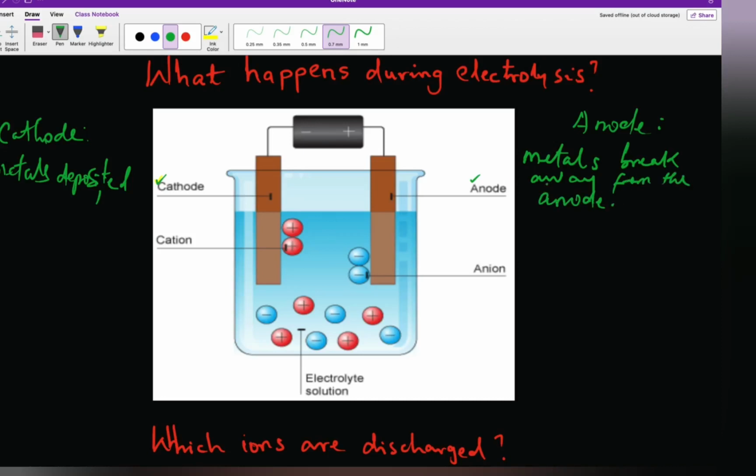That is what happens. Then again, at the cathode, what happens? At the cathode, you will see that hydrogen is evolved. Hydrogen will be deposited at the cathode or be released as a gas at the cathode.